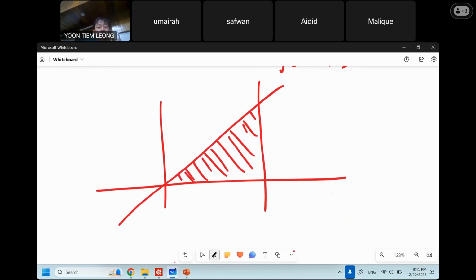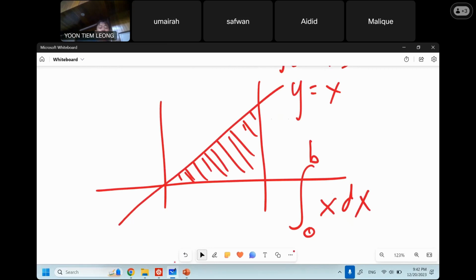What we are looking for is to calculate the definite integral of the function y between the lower limit of 0 and b. Basically the question asks what is the Riemann sum for the function y equals x lying between 0 and b. We are supposed to calculate this definite integral using Riemann sum.